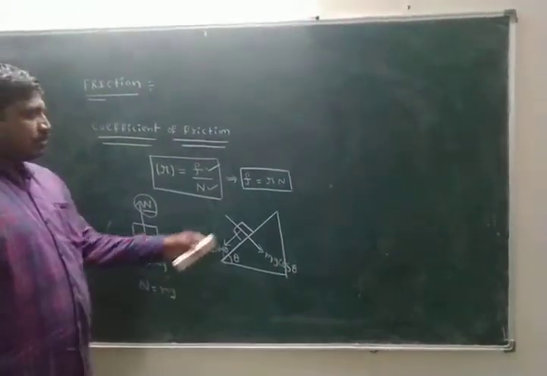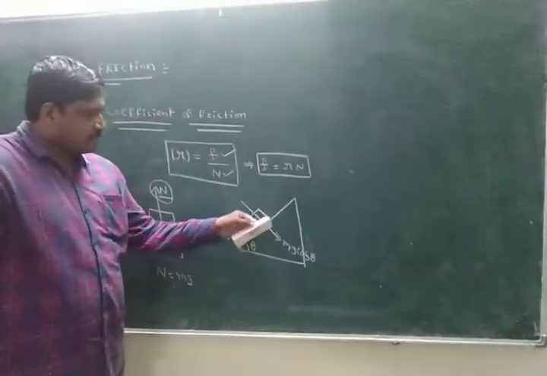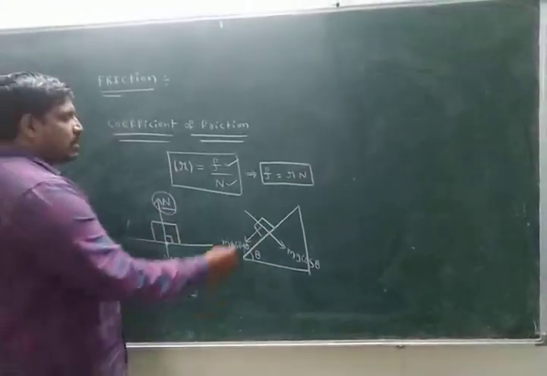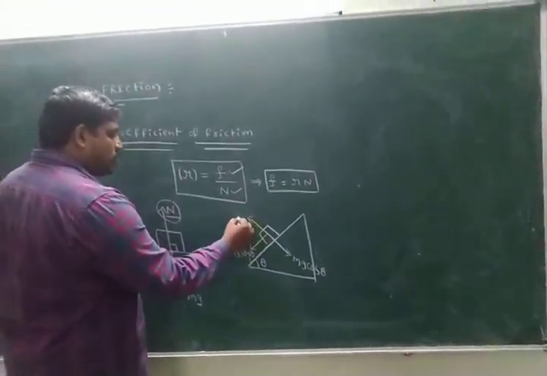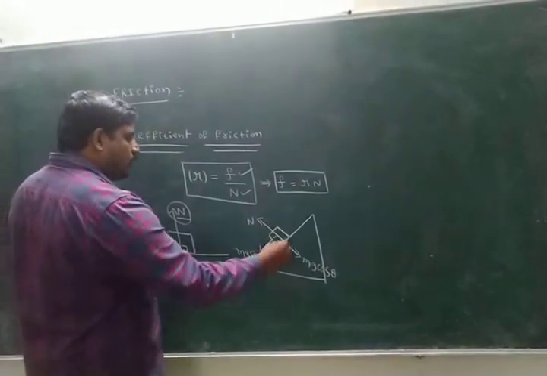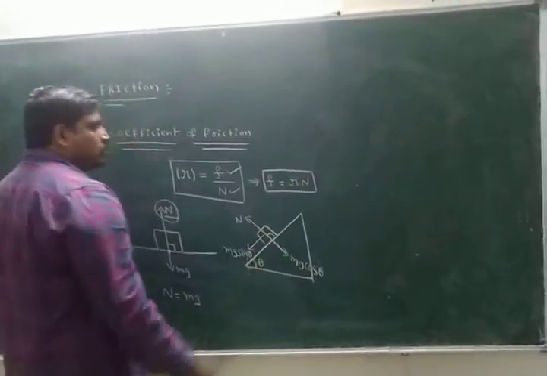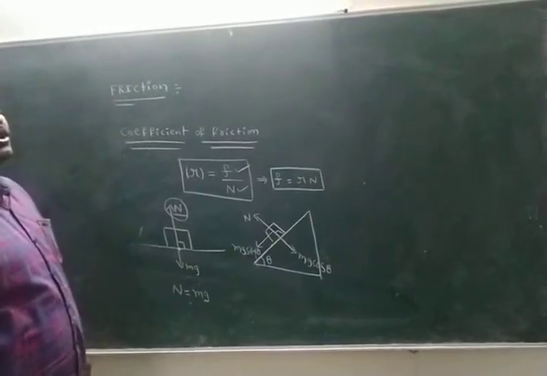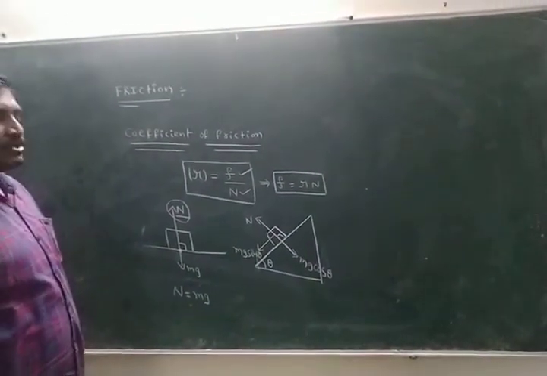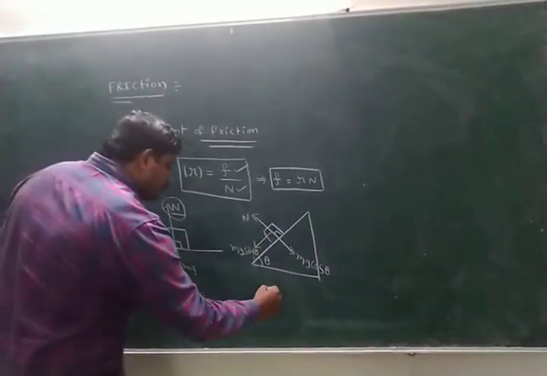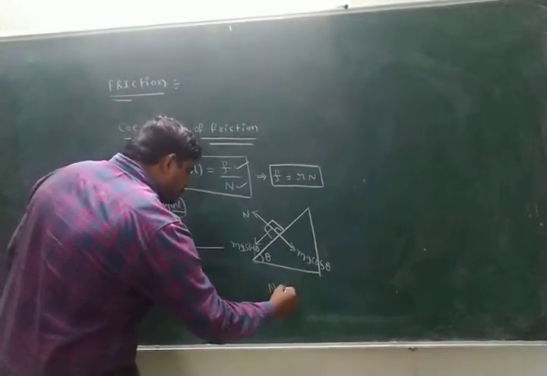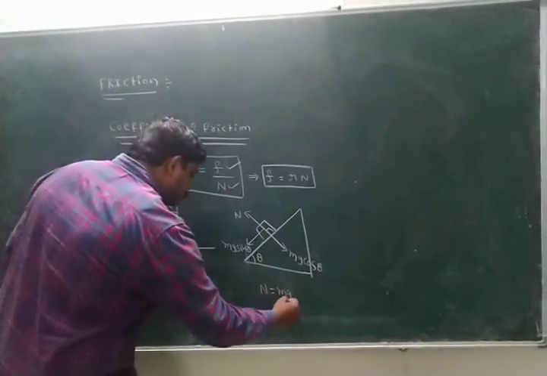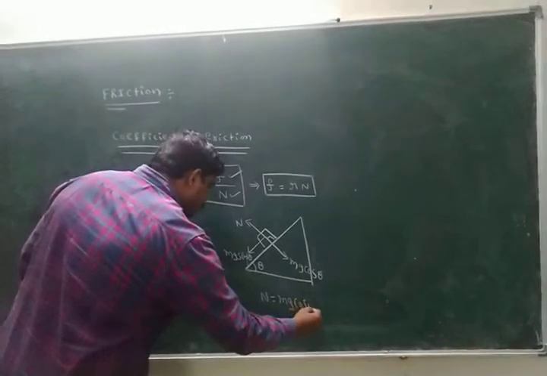The body exerts an action and the floor exerts an opposite reaction. This is called the normal reaction, always perpendicular to the given surface. Here N balances mg cos theta.